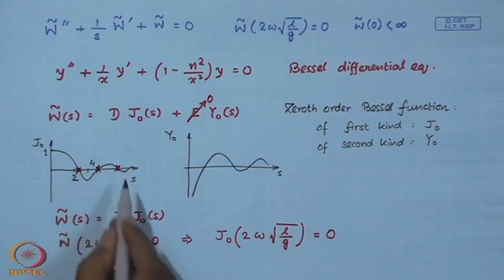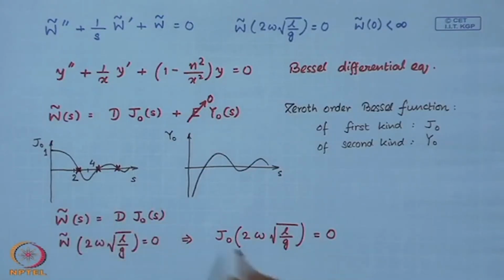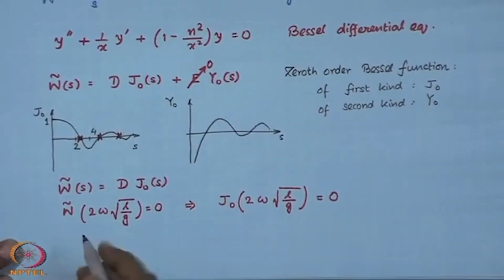So, these countably infinitely many solutions of this will give us the circular natural frequencies of the system.